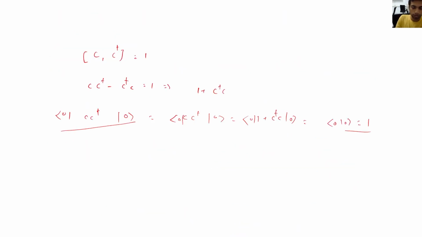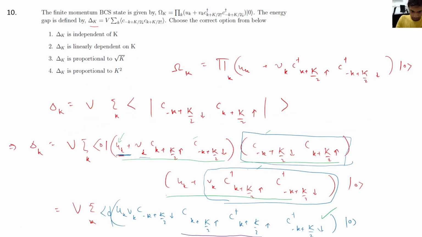It will just give you a number, independent of momentum or anything. So this term will be independent of the momentum, and then you will be left with this and this, which again will be independent of the momentum. So what you have is just this sum over k of u_k v_k, and this zero zero is just 1.